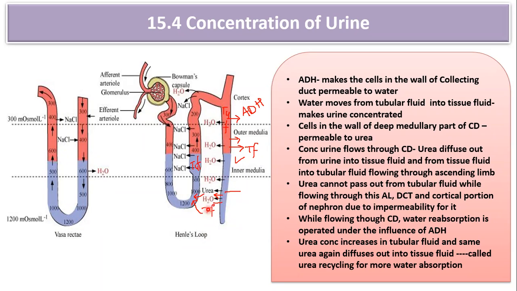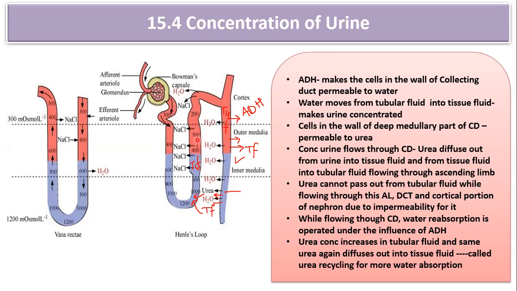Then it is going to enter into the tissue fluid, and again from the tissue fluid it is going to enter into the tubular fluid flowing through the ascending limb. Now urea has entered into this part. Now urea cannot pass out of the tubular fluid flowing through the ascending limb, because the DCT as well as the cortical portion of the nephron is impermeable to urea.